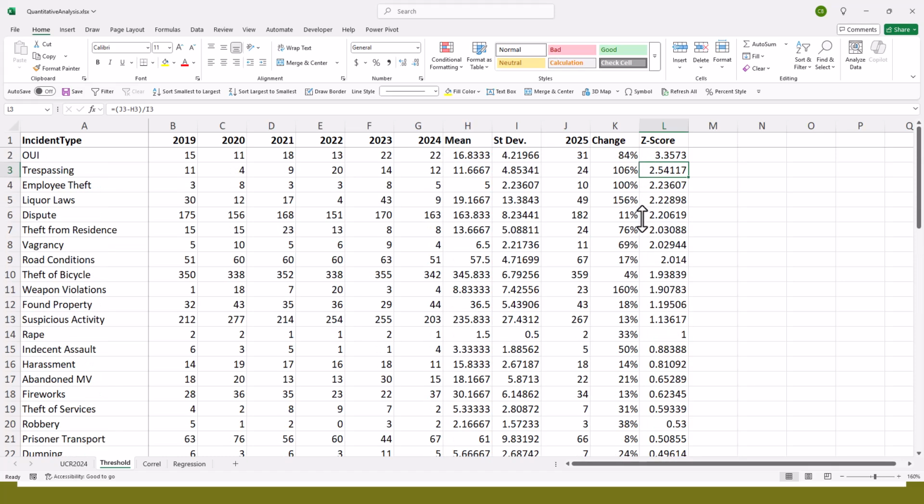And so we often use these calculations in tactical analysis when our time periods for these past years and the current year aren't the entire year, but just the past month or the past 2 weeks. And we do these calculations, and the z-score helps us determine which crimes we need to take a closer look at qualitatively by reading the narratives and trying to identify, is there any pattern going on here?